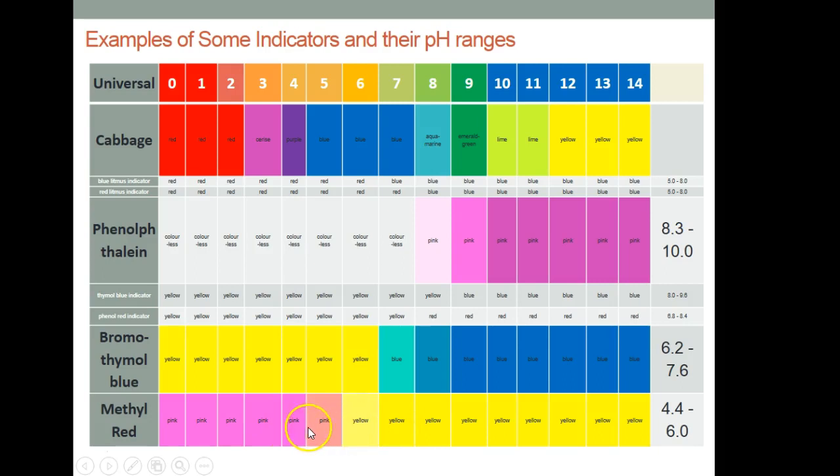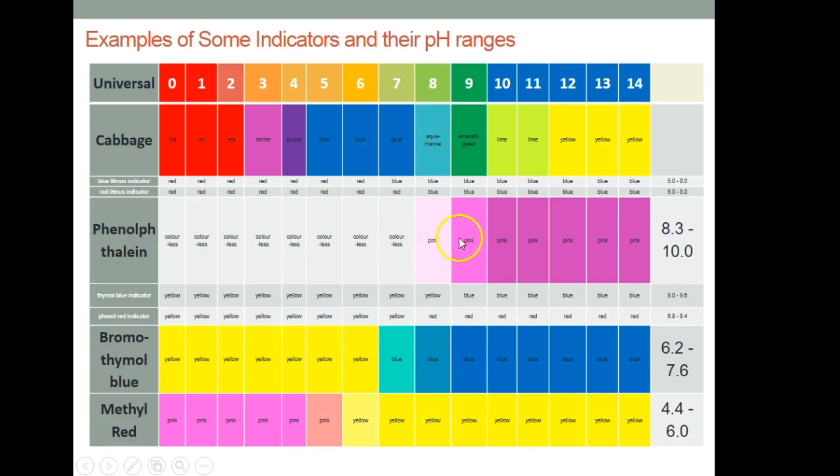So methyl red would be good for a neutralization where the endpoint is between 4 and 6, so for a more acidic condition. Okay, bromothymol would be good for acidic condition as well as basic conditions as well.